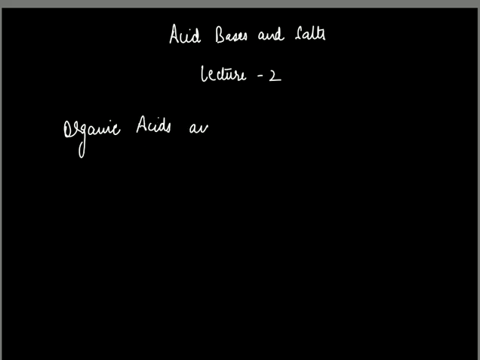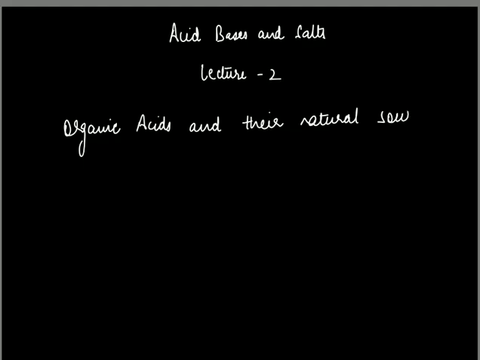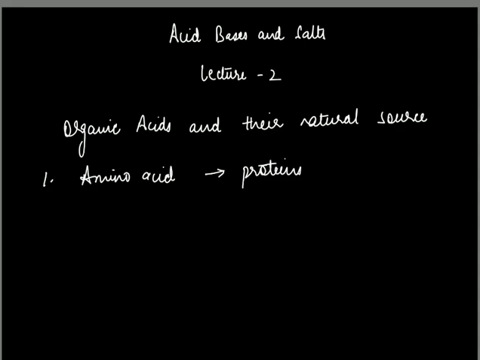Organic acids and their natural sources. The very first example we can take is amino acid. The natural sources are protein.